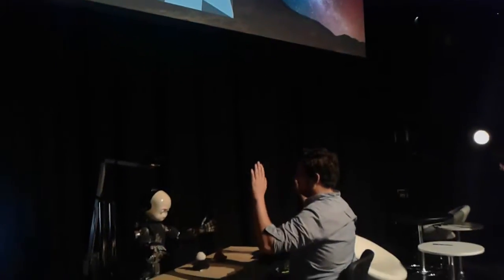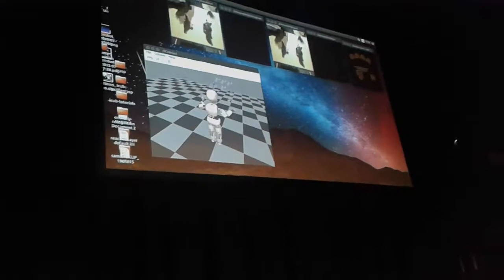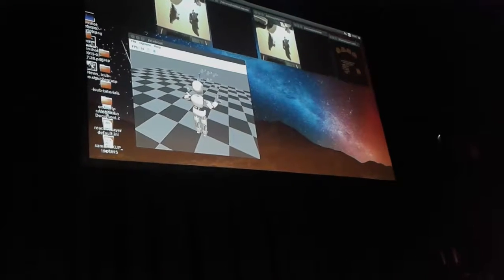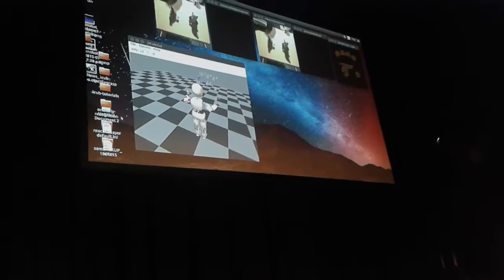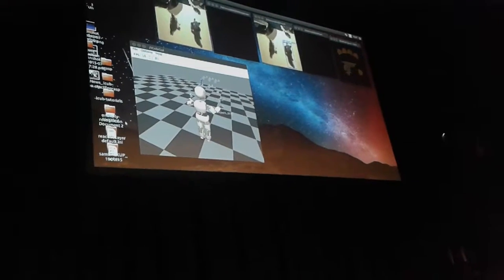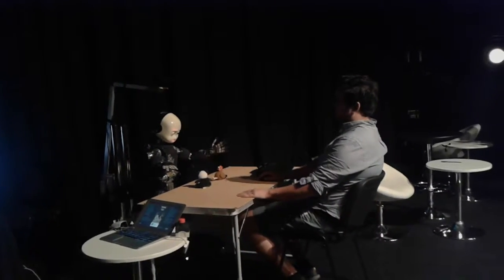Microsoft Kinect is a sort of 3D depth sensor. So it sees the world as a lot of points at a certain distance from itself, and we're able to take that depth information and create an idea of what we're looking at. And we should, in a minute, see what iCub thinks Daniel looks like.